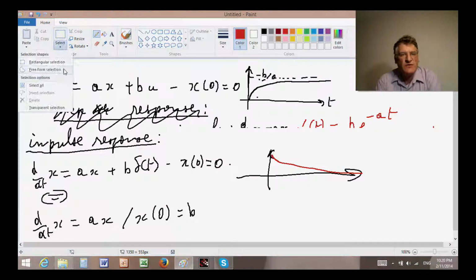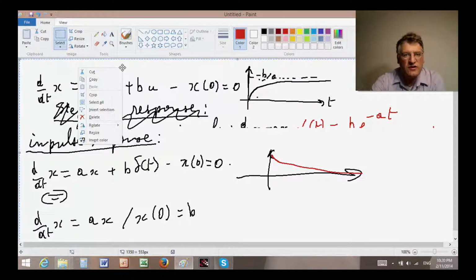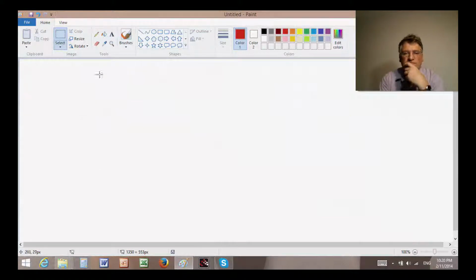Okay, so now what we're going to do is talk a little bit about more interesting systems. Probably the more interesting systems are what we call second-order systems.